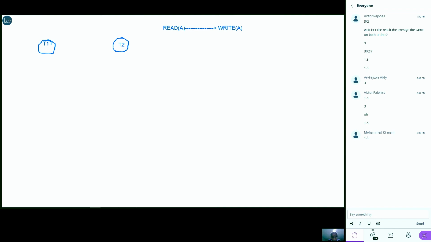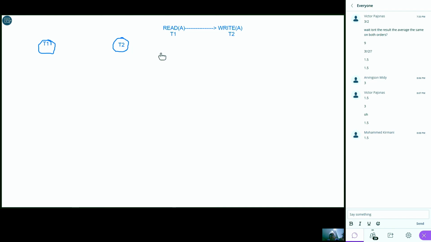Okay, so transaction T1 is reading something and transaction T2 is writing something. Then this order must be maintained. You can't change the order. Therefore, we will draw an arrow in this graph from transaction 1 to 2.